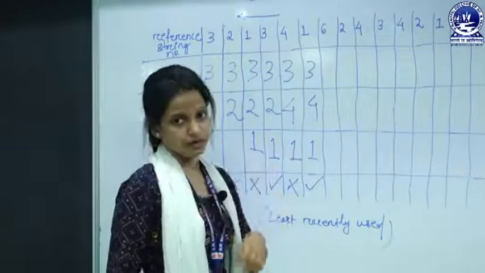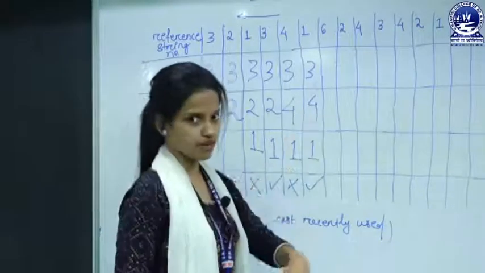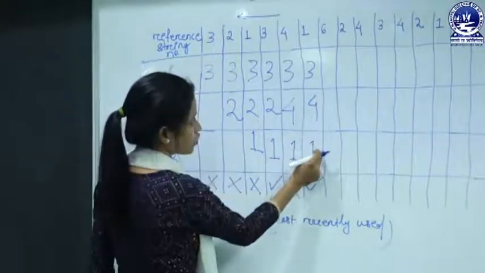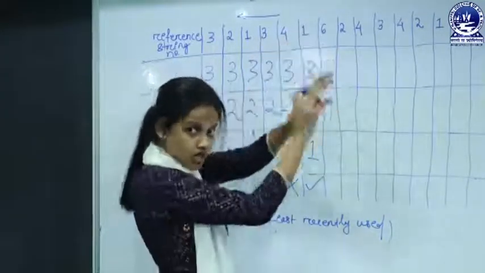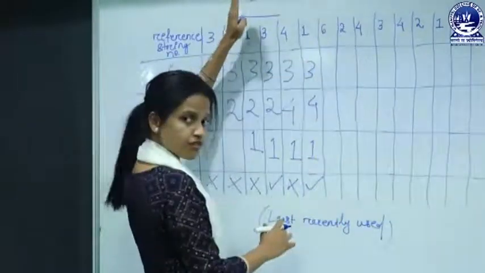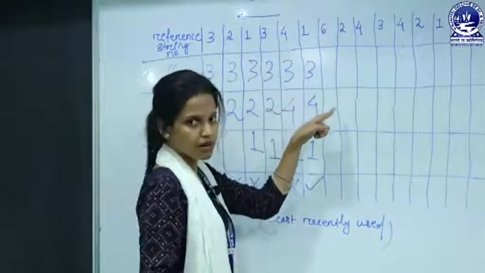Next, 6. Which page has to be replaced, swapped out to the secondary memory, among 3, 4, 1? We have to search from right to left starting from 6, because 6 has to be swapped into the main memory.